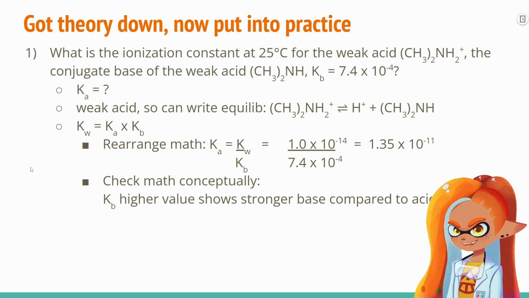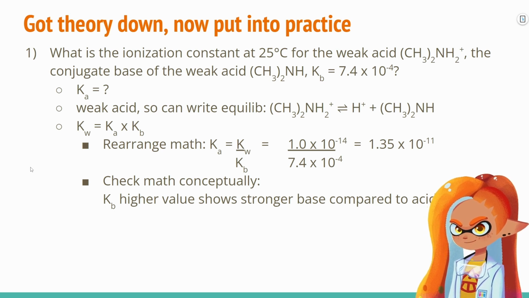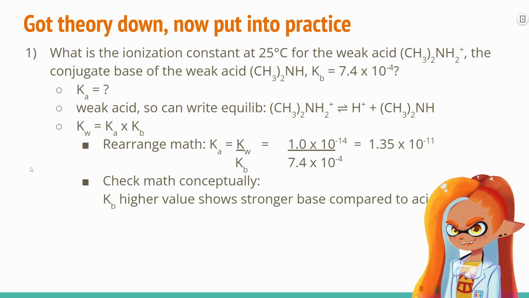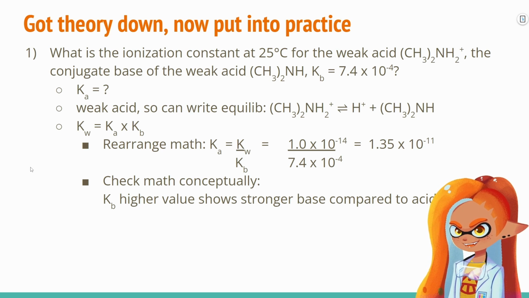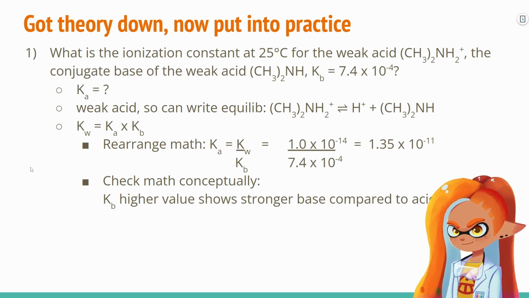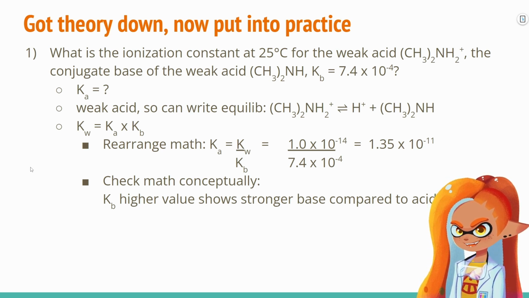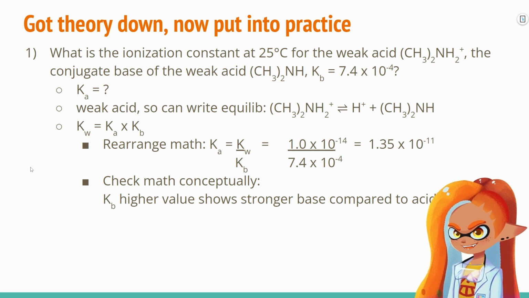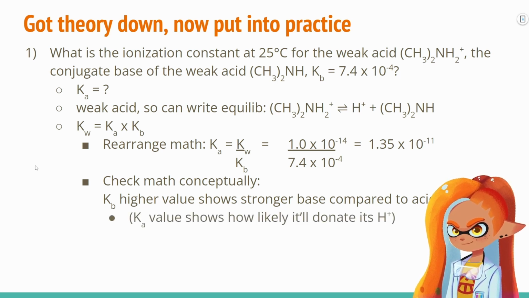Again, they're both weak, but because of the value of Ka that was calculated versus the Kb, we know that the conjugate base acts way more like a base compared to the acid acting like an acid. Again, they're both weak, it's just that Kb is bigger, so therefore it will act more like a base.